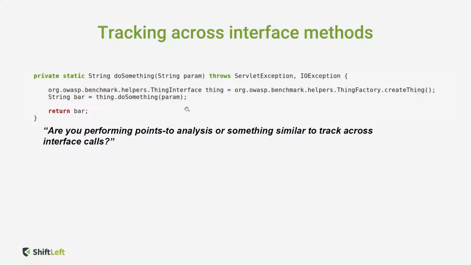Only if you know that, you actually know where this call to do something goes and whether or not it propagates the attacker control from param to bar here. This is typically solved in static analysis using what's called points-to analysis, but there are also some variations of this, and we implement a variation to do this.